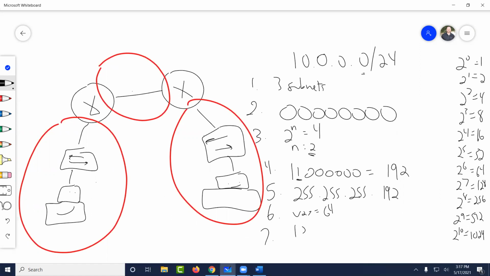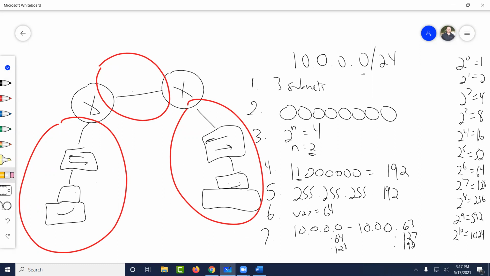We start with a major network number, 10.0.0.0 to 10.0.0.63. And then it would be .64 to 127, and then 128 to 191, not 192.